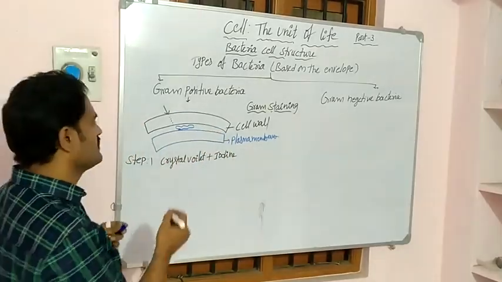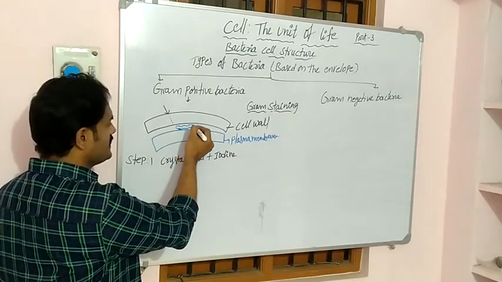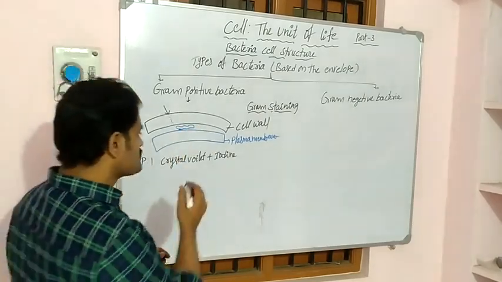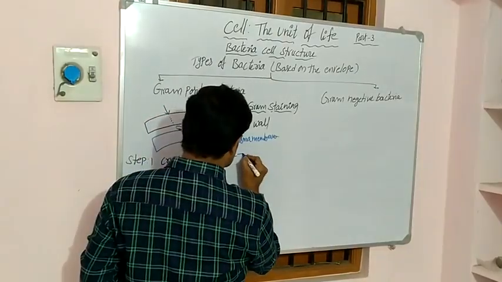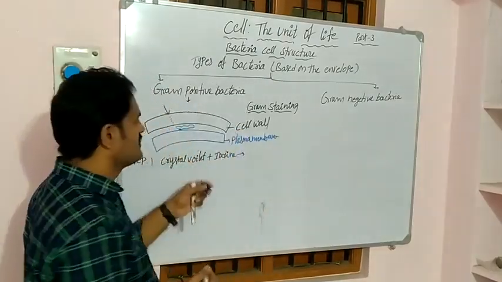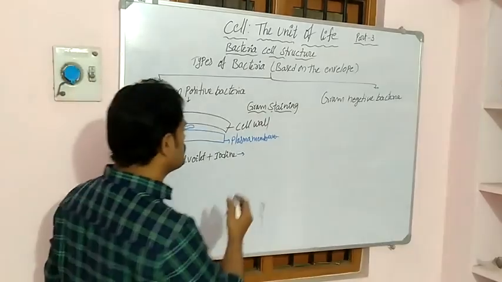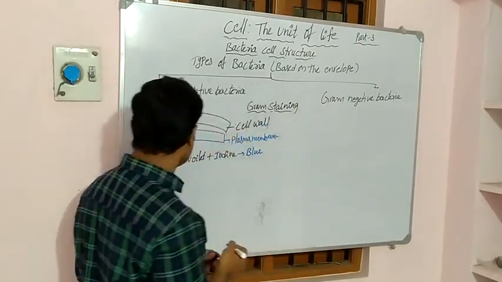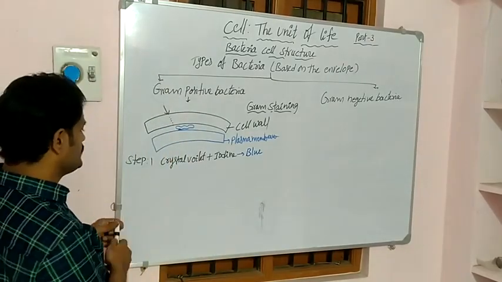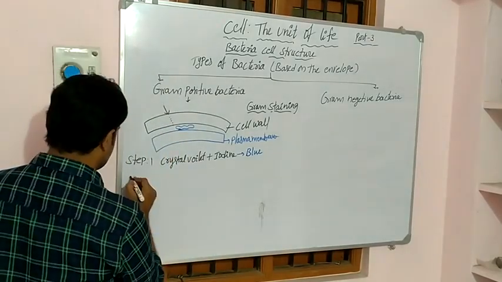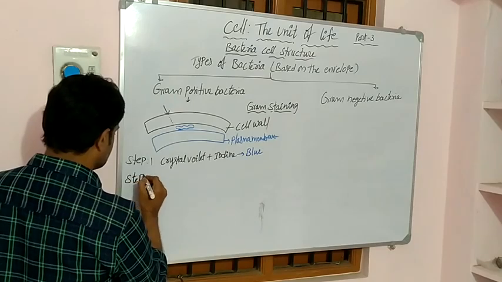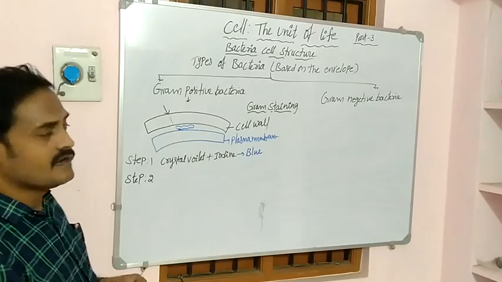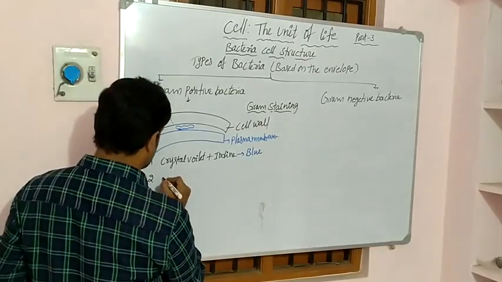So in the first step, the blue color forms in between the cell wall and plasma membrane. Then going to the second step: in the second step, we add alcohol or acetone.